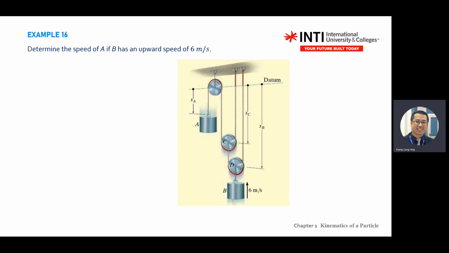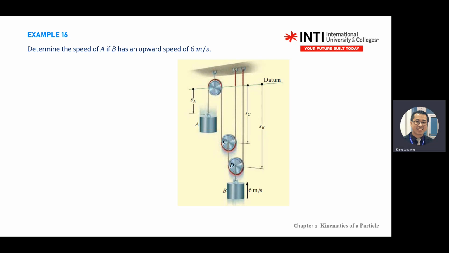Then continue with the second total length equation, which is SB plus this short length here. How do you find this short length? SB minus SC. Yeah, this length. So again, refer to how many ropes or how many systems you have. In this one, you have two systems, one on the left, one on the right.